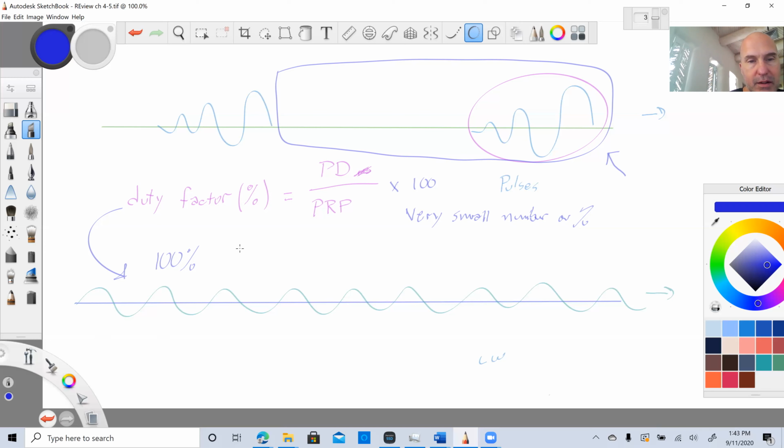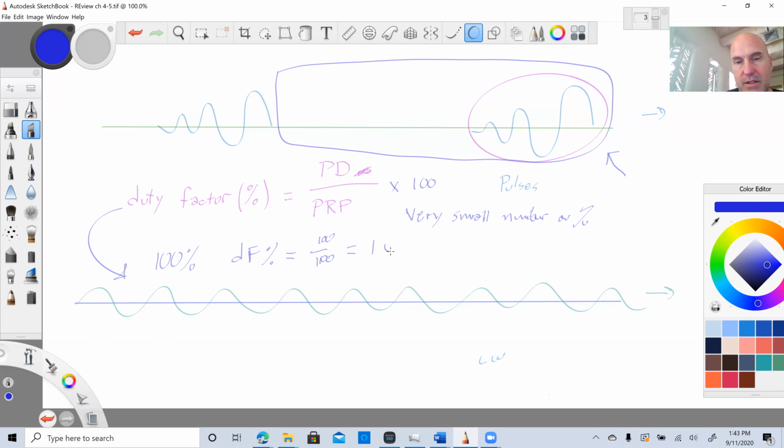It ends up that duty factor is pretty much 1/1, or 100/100, I guess. In either case, it does not matter.